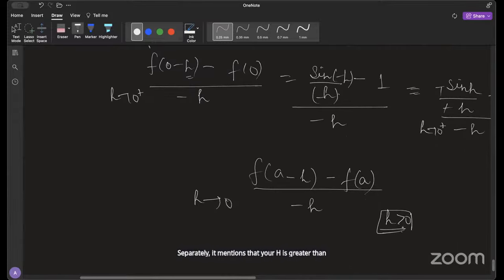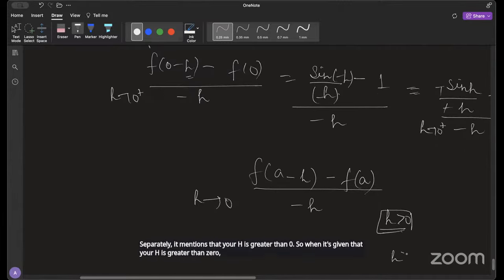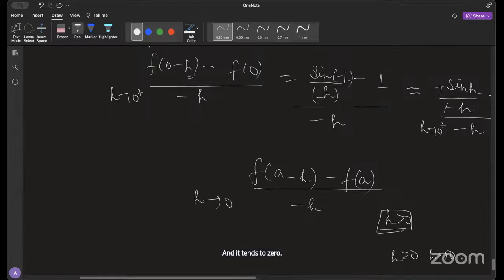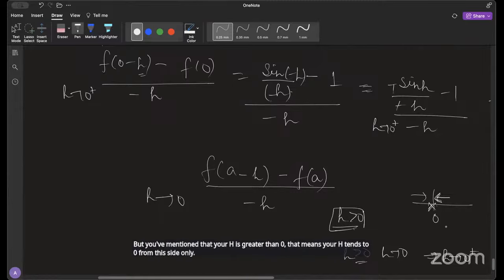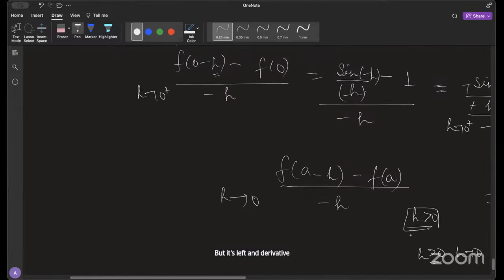So when it's given that your h is greater than 0 and h tends to 0, this means your h is tending to 0 from the positive side, right? If this is 0 and your h tends to 0, your h can tend to 0 from here and here. But you have mentioned that your h is greater than 0, that means your h tends to 0 from this side only. But it's left-hand derivative now, so we should approach from the left-hand side.